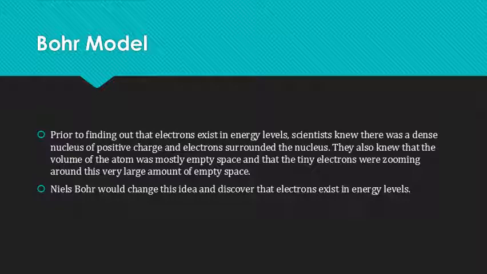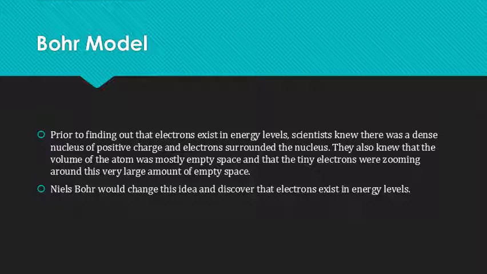They knew due to Rutherford's gold foil experiment that the volume of our atom was mostly empty space, so the nucleus was very small in the center of it, and that our electrons, which are much smaller than the protons and neutrons, occupy the space around the nucleus, but because they're so small, they don't take up most of it.